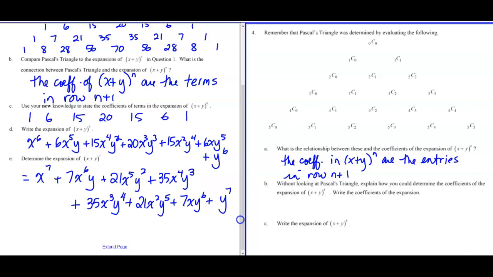So if we're expanding, say, to the exponent 4, then that's 0, 1, 2, 3, 4. So it's in row n plus 1. In terms of the first, I'm just going to write this down. The first term in that row will be n. The exponent on the binomial will be that value there. So those will match up.